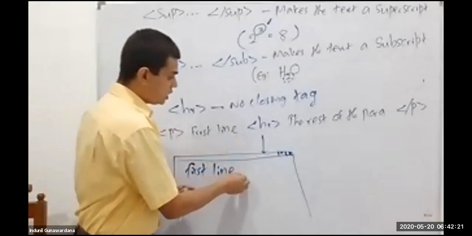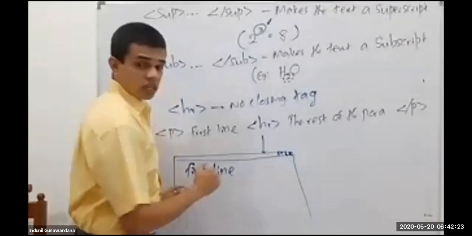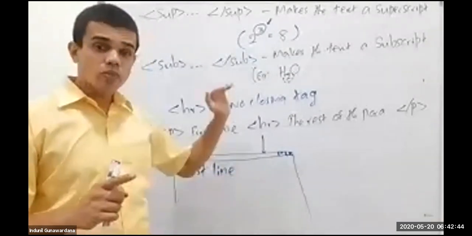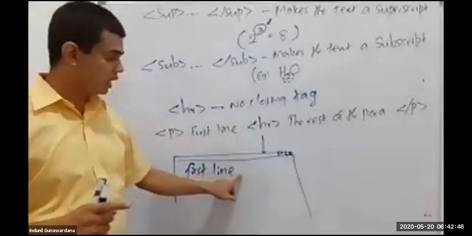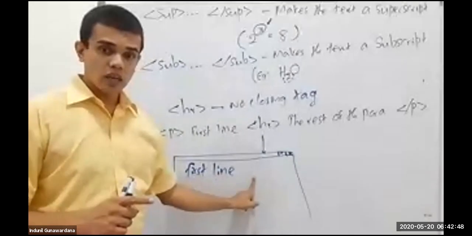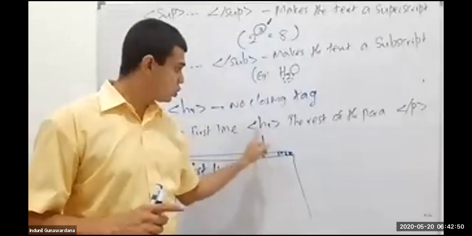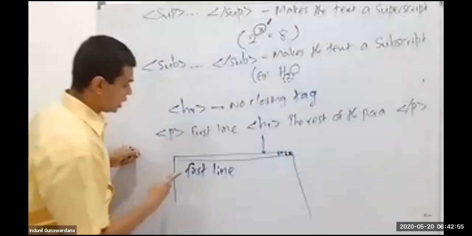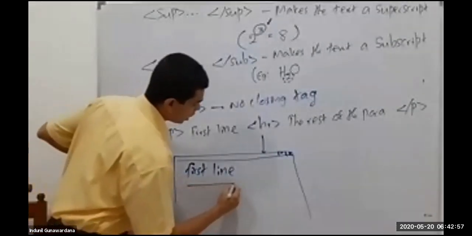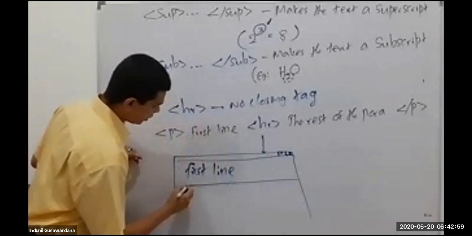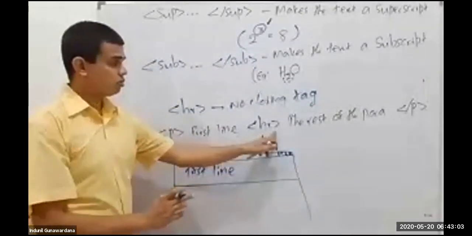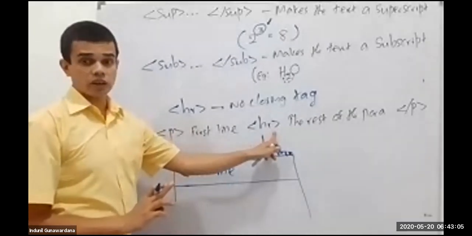Does it start from this point, or from the next line? It starts from the next line; it won't leave blank lines. So first line, then we have space, but that space is not used to draw the line. Instead, it goes to the next line and draws the horizontal line, which consumes the full width of the web browser. So that's the behavior of HR.